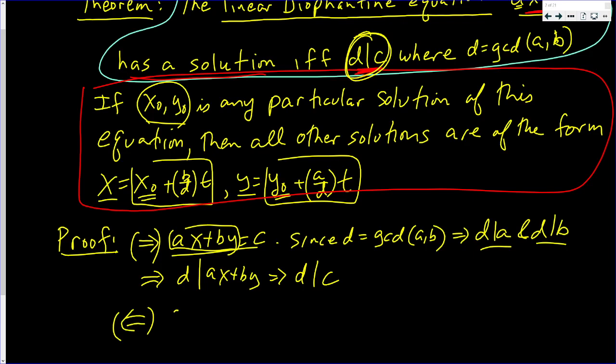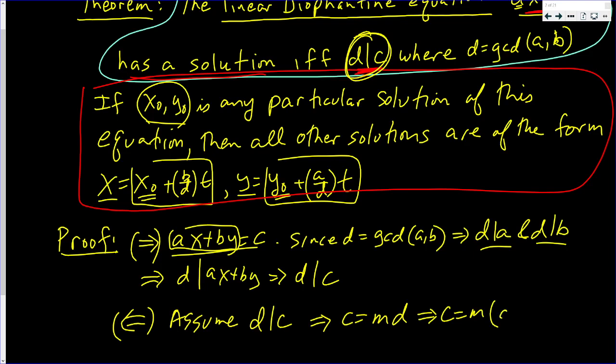I'm going to start off with d divides c, and I'm going to show that ax plus by equals c has a solution. Okay, so assume that d divides c. That means that c is some multiple of d, so c is equal to m times d.